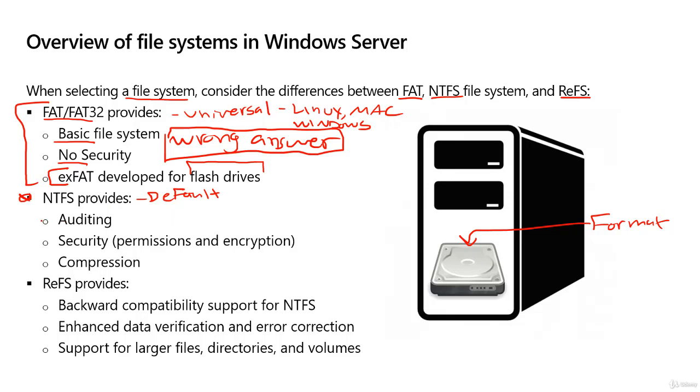Well, one is auditing. So let's say this drive here, well, let's say it's just my C drive. On this drive, I create a folder on my C drive, and I just name it sales. Well, what I can do for this folder is audit who accesses it. So if I want to know who has double-clicked this folder and opened it, auditing would simply write to my security log that Bob Ross opened this folder.